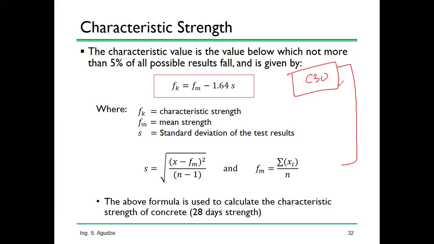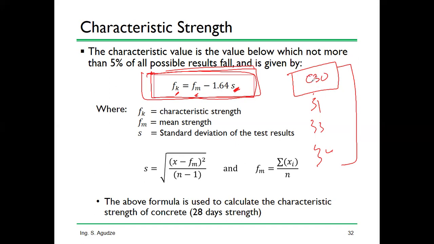So you use that data with this formula here, right? fk is the characteristic strength. So you calculate the mean of all these values, and then you calculate the standard deviation. Substitute into this formula. The answer you get is what you must compare with the C30.